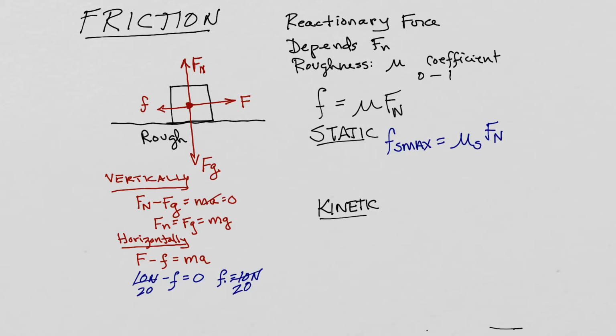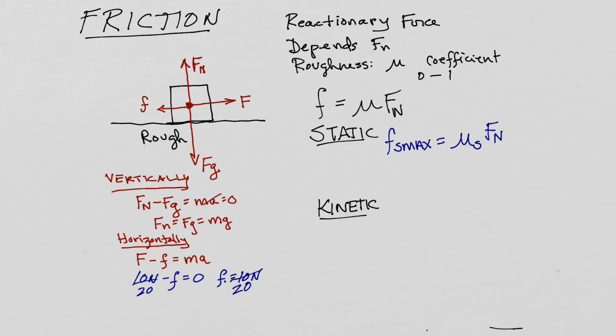At some point, though, then it breaks away. So static friction is a value that is less than the maximum available value, and it's in reaction to the other forces applied to the object.